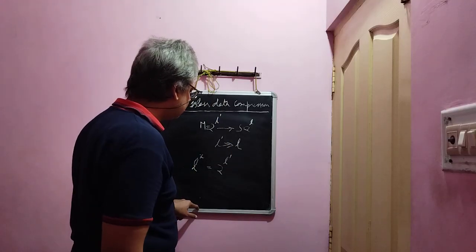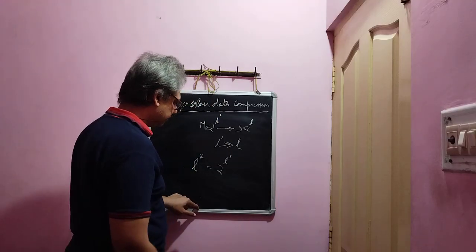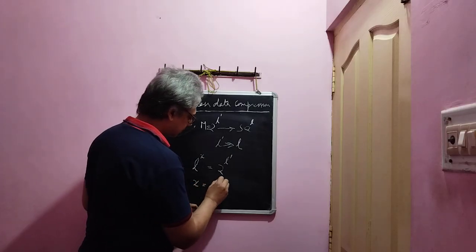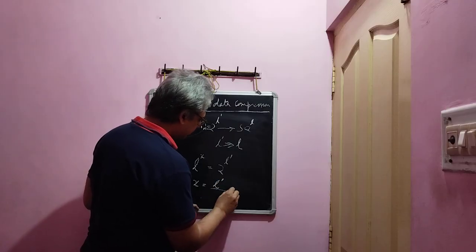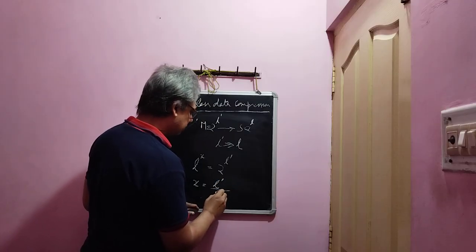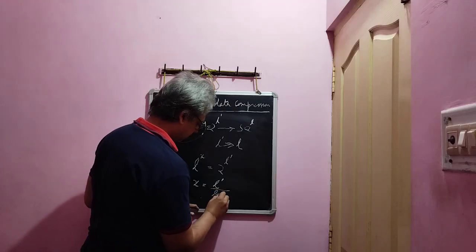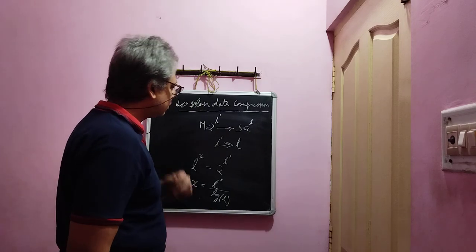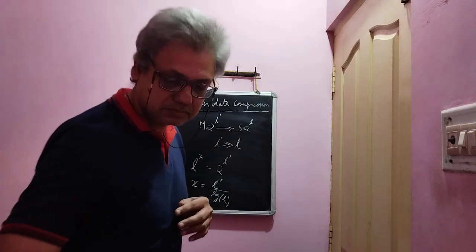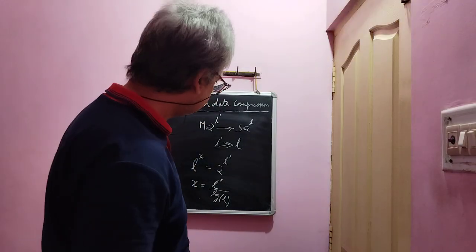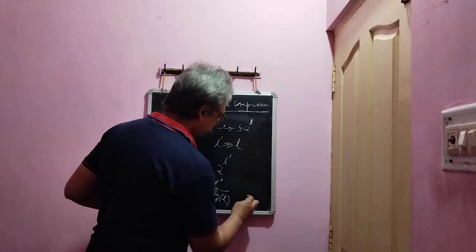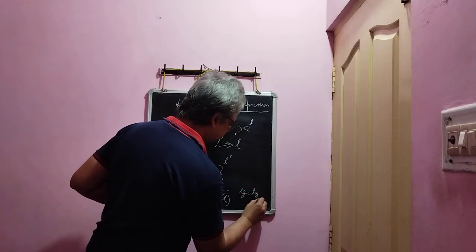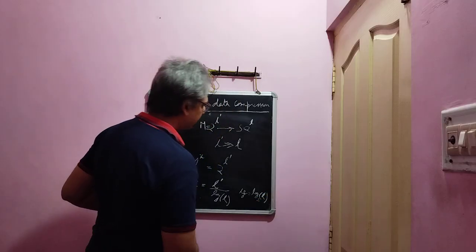So this gives us X is equal to L dash by log L, where log is the log to the base 2 of L.